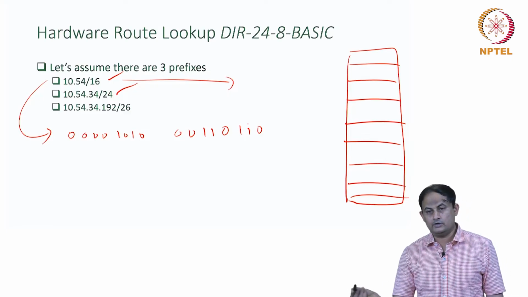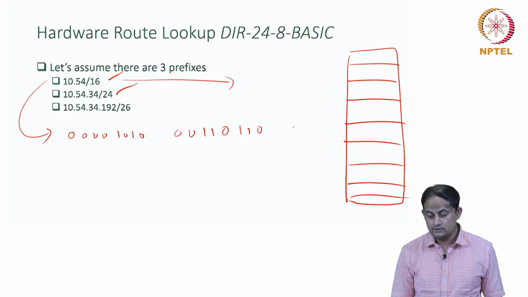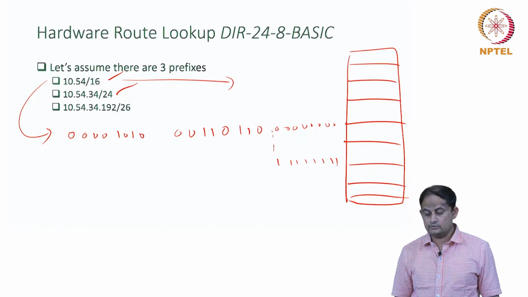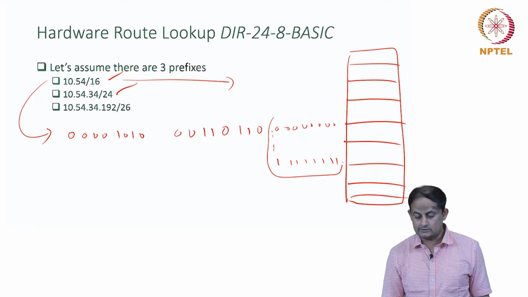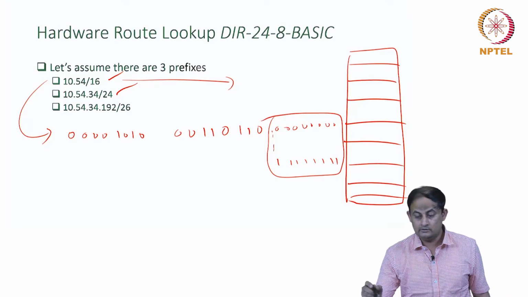And for the third byte, because I need to bring it into 24 bit format, all entries from 0 0 0 0 0 0 0 0 to 1 1 1 1 1 1 1 1. So I am going to have these 256 entries in the first level table, the table of 2 to the 24.